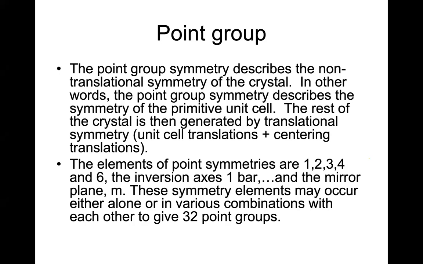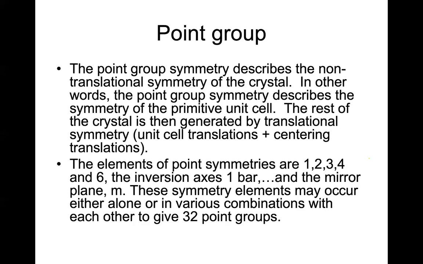The point group symmetry describes the non-translational symmetry of the crystal. I told you a crystal possesses point group and then the space symmetry, which is screw axis and glide plane. But when we say point group, you can bring the space symmetry, like a 2-1 screw axis, into two-fold symmetry and the glide plane into a mirror plane.